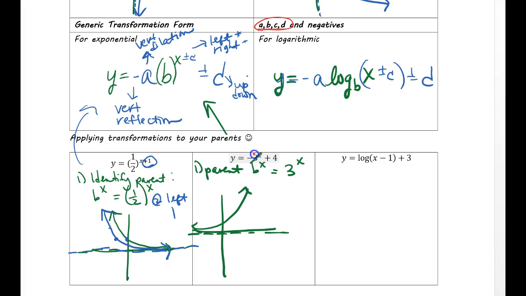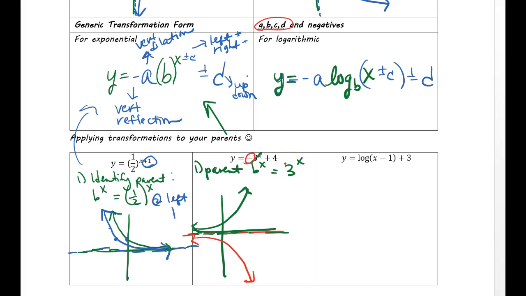Well, there is a negative out front that we haven't dealt with, and a negative in front does a vertical reflection, aka an x-axis reflection. So this curve will move down here, it'll just flip below, and the asymptote is still in the same spot, okay? And now we have, at the back, a +4.